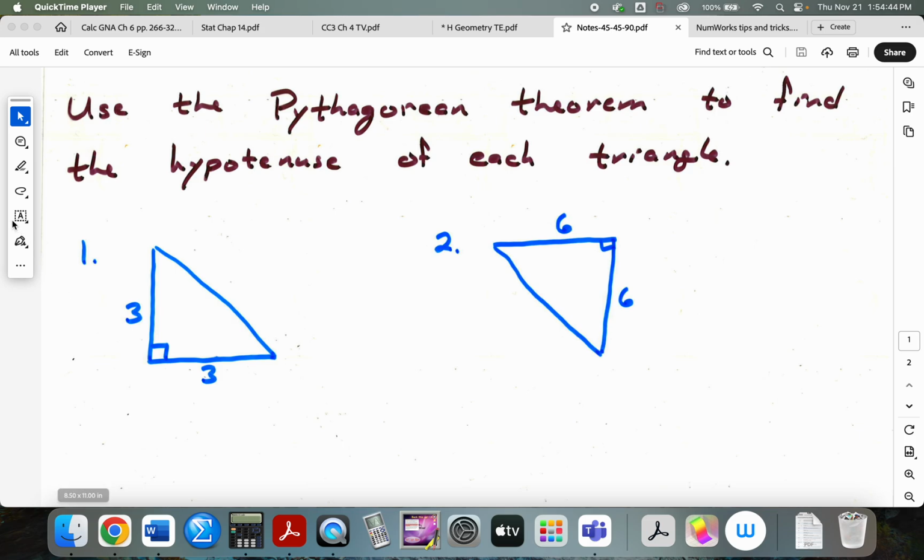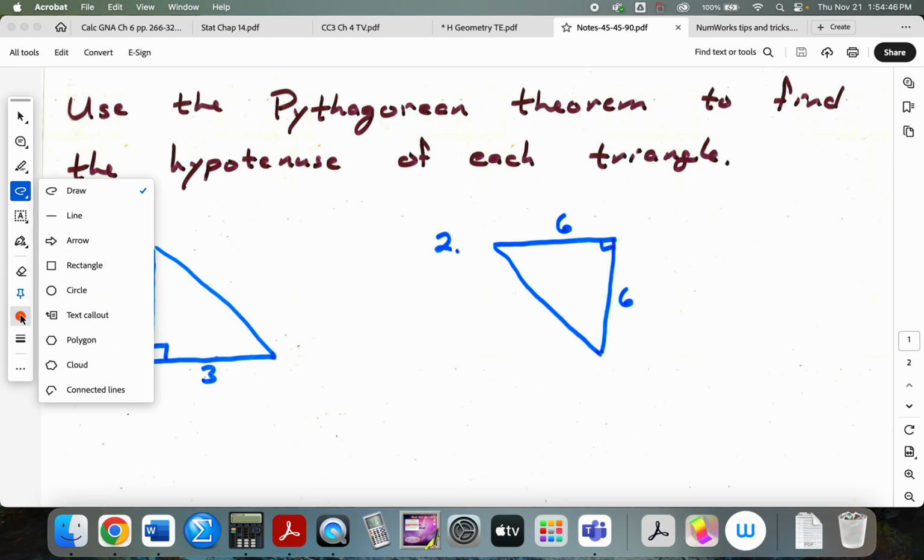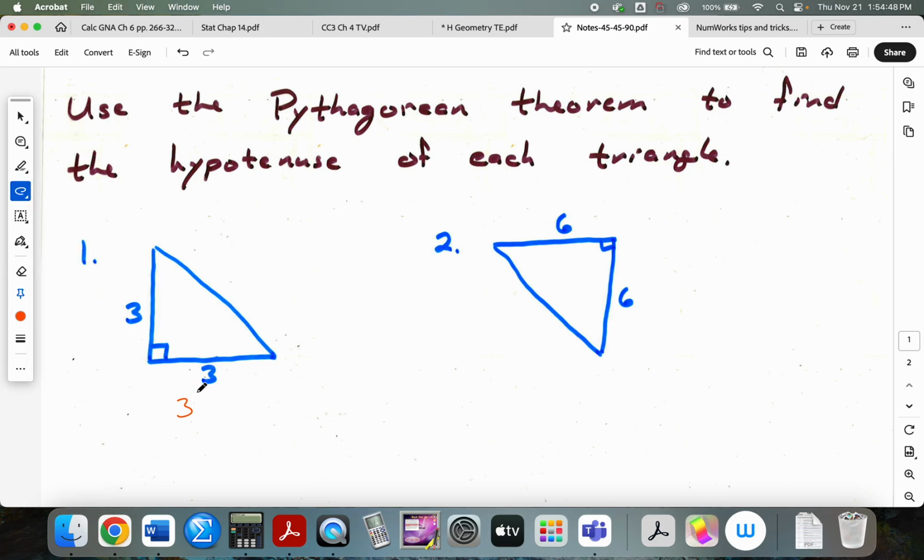So here, we would have 3 squared plus 3 squared is equal to, I'll call it C. It doesn't matter what we call it. So that's going to be 9 plus 9 is C squared. So 18 is C squared, which makes C the square root of 18.